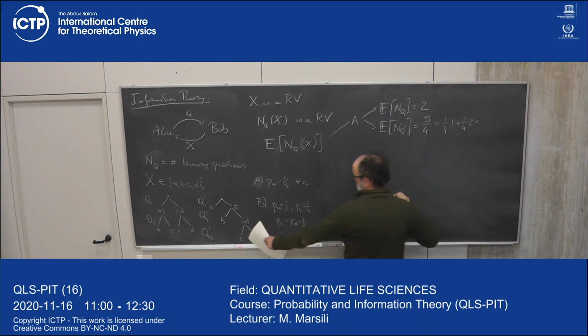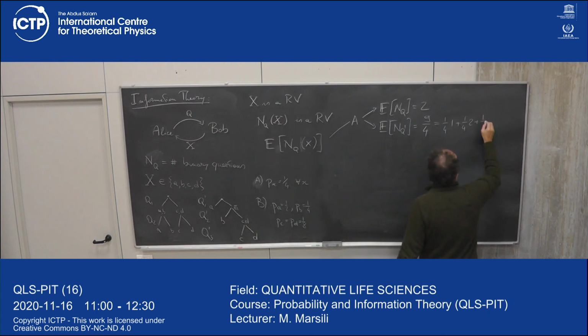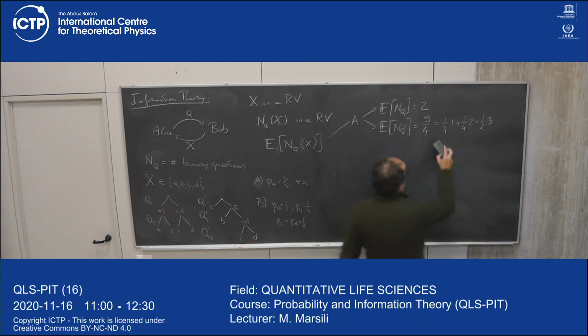And with probability 1/2, which is C, the probability of C plus the probability of D, you have to ask 3 questions. Okay? So if you do this calculation, you get 9/4.